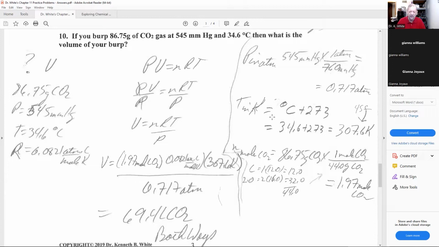Next, we need temperature in Kelvin. We have it in degrees C, and Kelvin, as you saw, important information, quiz number 3, is degrees C plus 273. Degrees C 34.6, added to 273. 273 is an exact number.